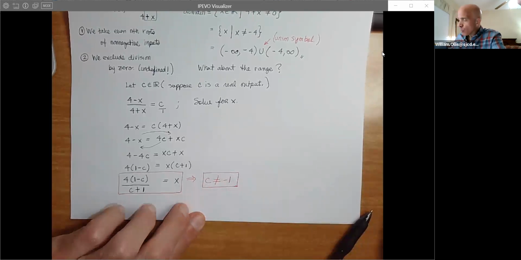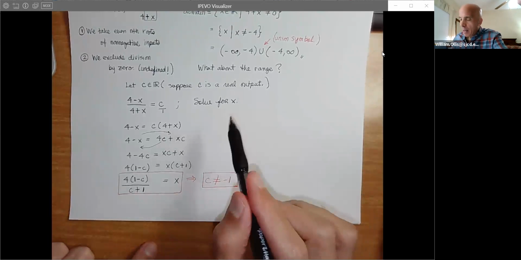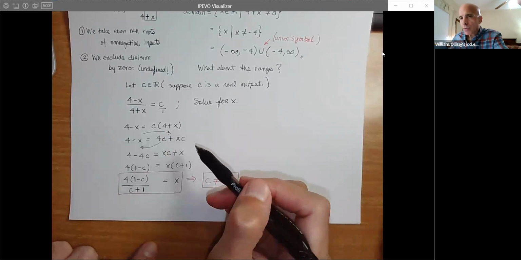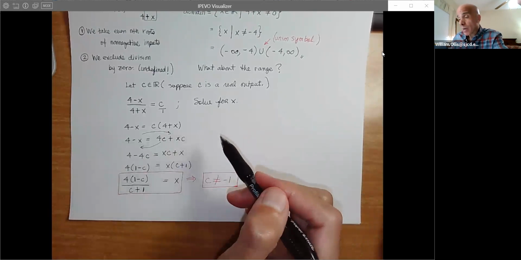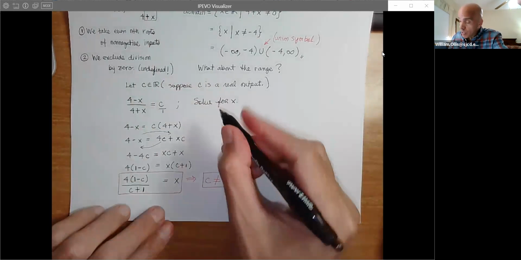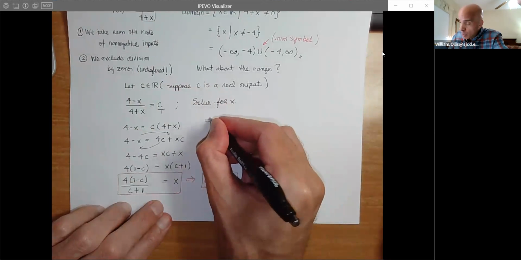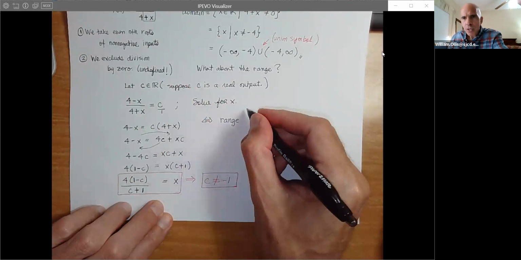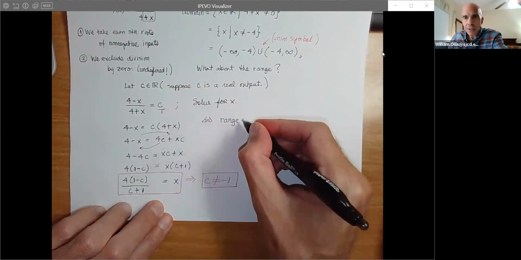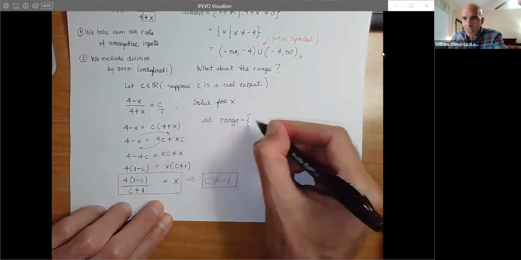So this is kind of a roundabout way of saying, if I'm going to check to see what the range is, is it all real numbers, or is it what I thought? I have to leave out -1. So now this implies, or equivalently, the range, and we'll use y. Usually we use x for the input and y for the output, but you can use any letters.